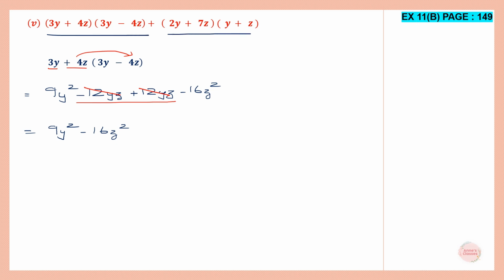Now we have to work on this. So let's start here also. Let's write the first binomial as it is. Don't change the order. So we have this here. Now let's multiply 2y into y. 2y into y, the number is 2 and y into y is y square. Now let's continue. 2y into z.